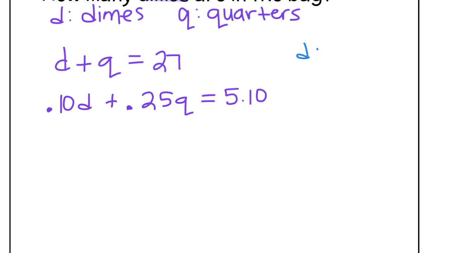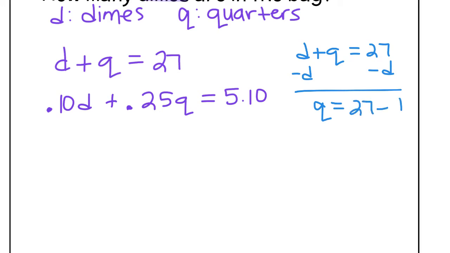So D plus Q equals 27. Let's subtract D from both sides. And that gives me Q is equal to 27 minus D. So now I'm going to take this equation that I just found, and I'm going to plug it into the second equation right where the Q is at, so right in this spot.